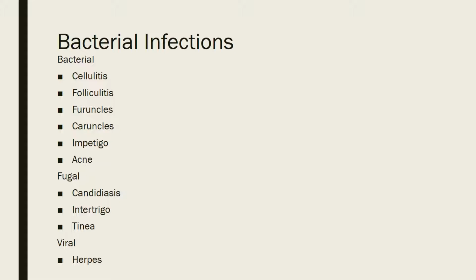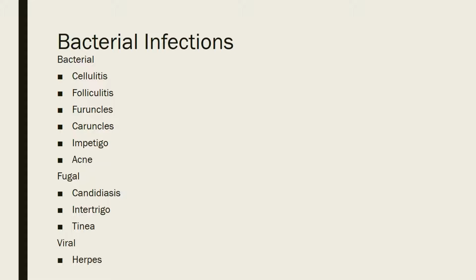Candidiasis can also occur in the vaginal area, the vulva area as well, due to systemic antibiotic use. Or you may see this with diabetics too, because of the compromised immune system with them.